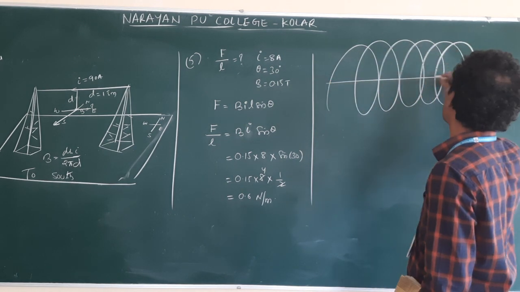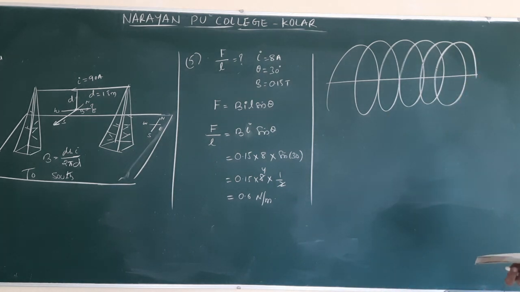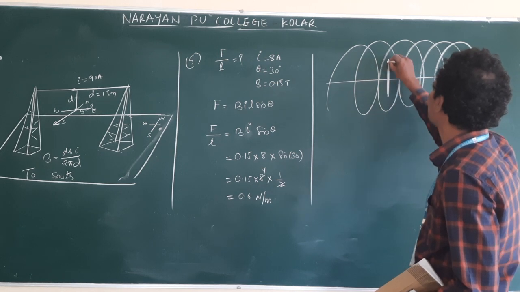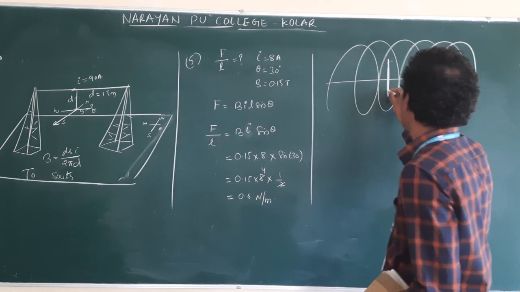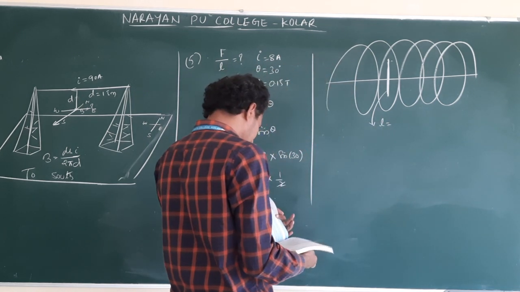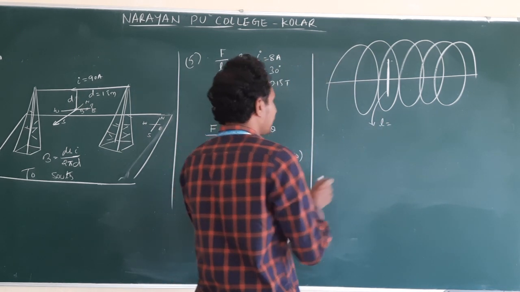This is axis of the solenoid. What did they do? A 3 centimeter long wire carries current 10 amperes placed perpendicular to its axis like this. They placed like this. Clear? The length of this conductor L is given as 3 centimeter long.